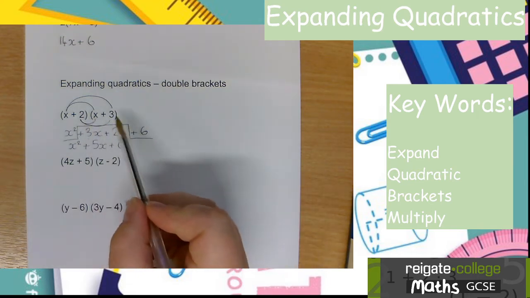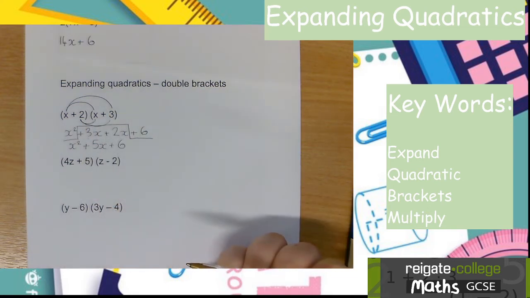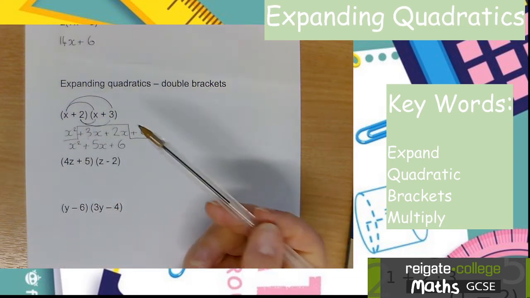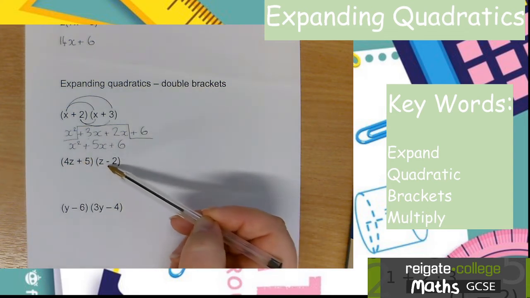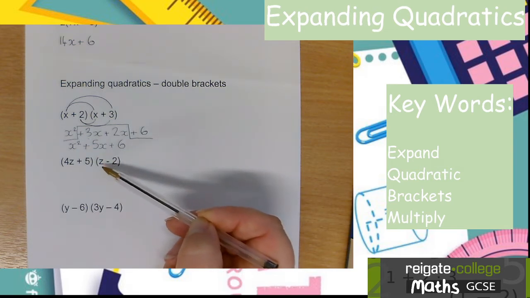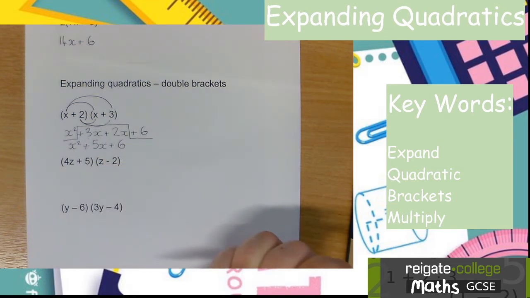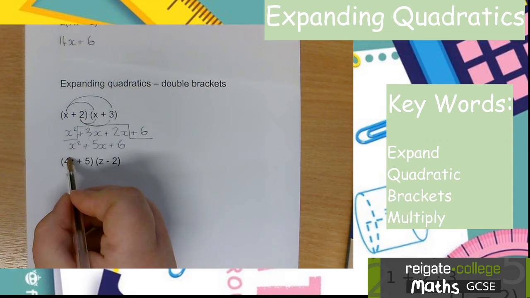You'll see from this expression that I had pluses in both of my brackets. In my second example, I've got a plus in the first bracket, but in the second bracket, I've got a negative. So that means when I multiply it out, I've got to be very careful how I'm multiplying out negative numbers. The process, however, is exactly the same.